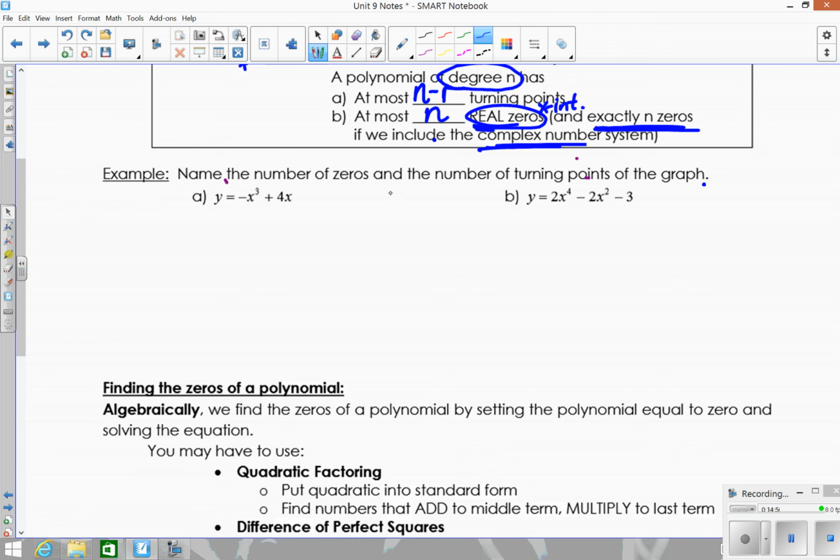So name the number of zeros and the number of turning points of the graph. So in this one, you look at the degree. So the degree is 3. So that means we would have at most 2 turning points, because it's always one less.